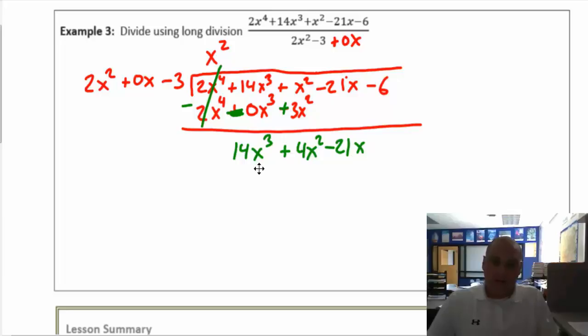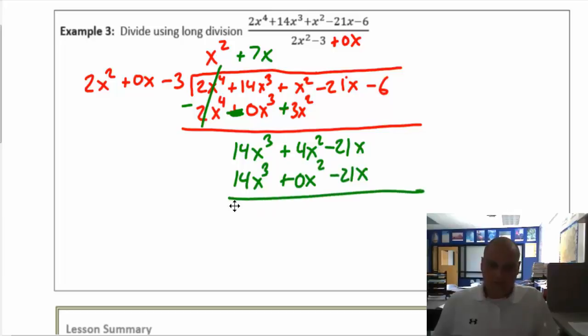2x squared into 14x to the third. 2 into 14 is 7, so plus 7. And don't forget x, because x squared is going into x to the third. That's x. Now multiply, you get 14x to the third plus 0x squared minus 21x. Minus, plus, excuse me, that's 0, that's 0.